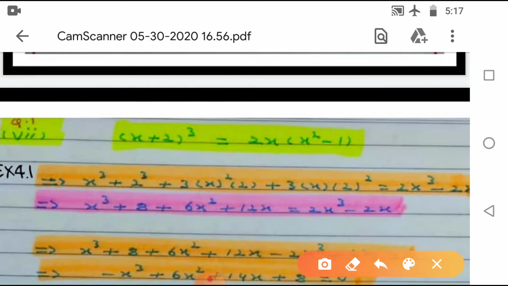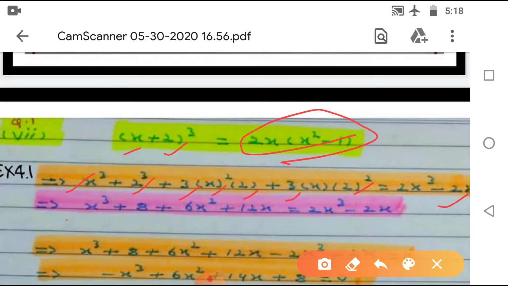So, once again, (a + b)³ becomes x³ + 2³ + 3 into x² into 2, plus 3 into x into 2², and this is equal to, when you multiply 2x with x² − 1, 2x³ − 2x.